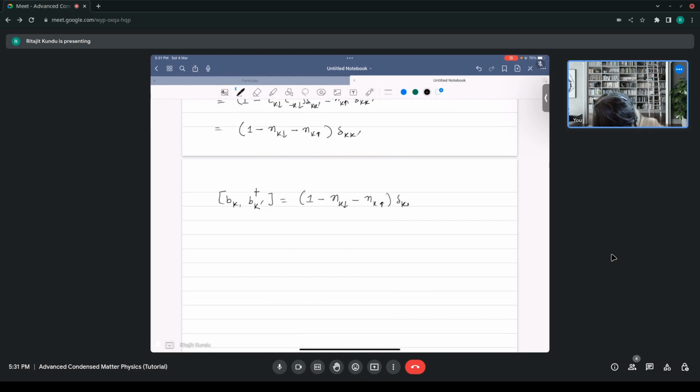delta, right? So this becomes 0 only when K is not equal to K prime. So when K is not equal to K prime, then the commutator of BK and BK prime dagger is actually 0, okay? But if K is the same as K prime, then you don't get 0 anymore. So this is not a bosonic commutation, right?